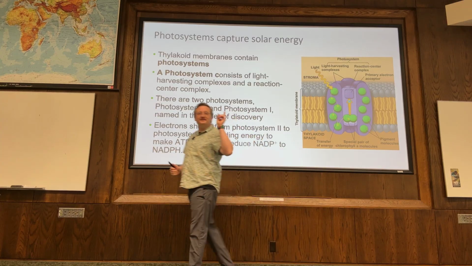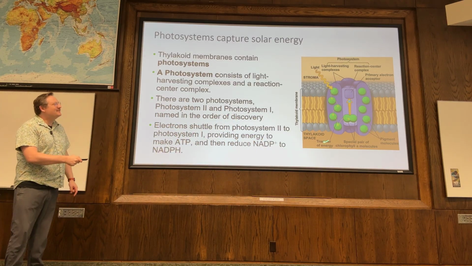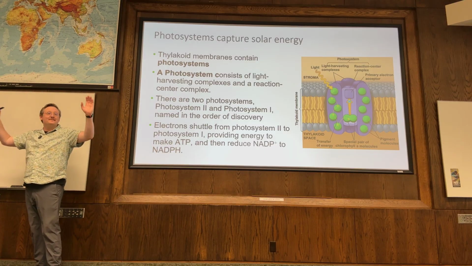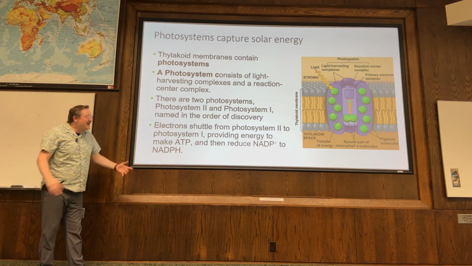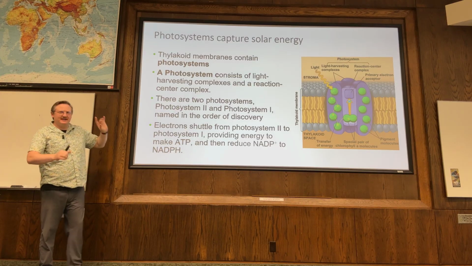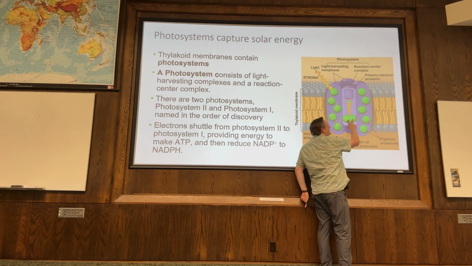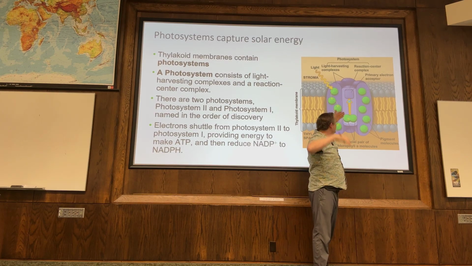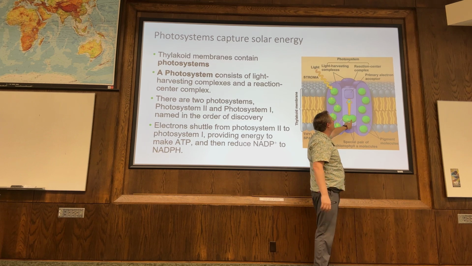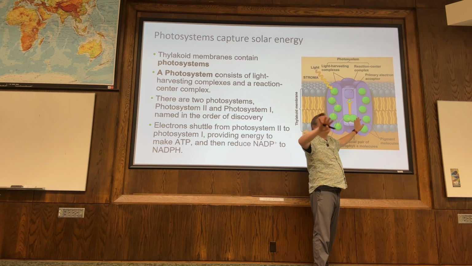What does this photosystem do? It takes a low energy electron and blasts it to a high energy state. That's what this is designed to do, okay? Check this out. You've got this special pair of chlorophyll molecules right here. You focus all of the energy from these pigments into this special pair of chlorophyll molecules, which has a special name, which we will talk about in another slide.